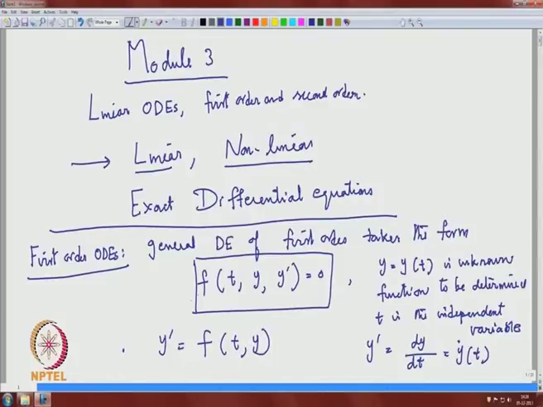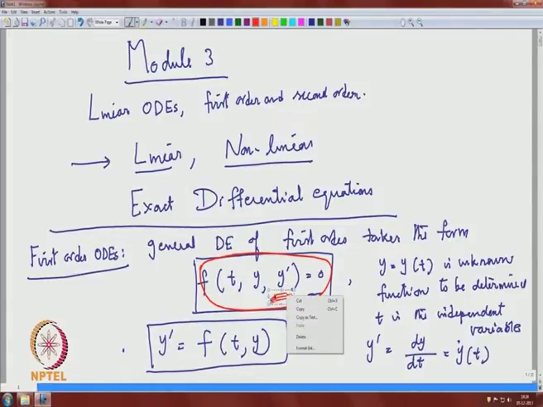This f is not necessarily the same f; the earlier form is more general, because if you are given an equation in t, y, y prime, in general you will not be able to solve it for y prime in a nice way. So this is a very special class of equations.